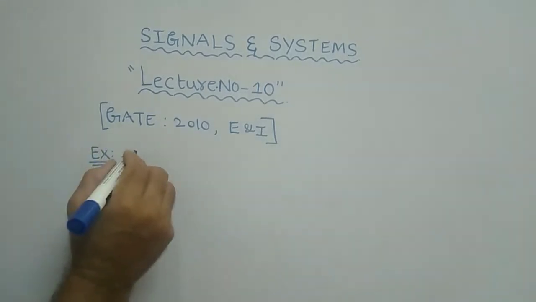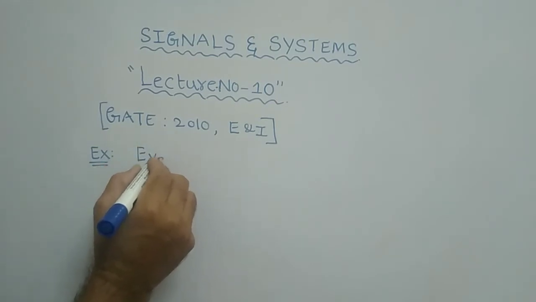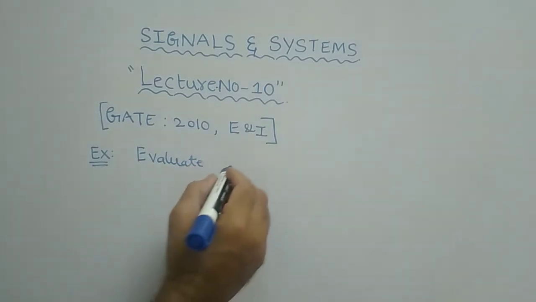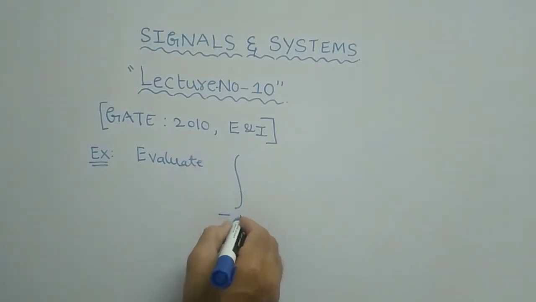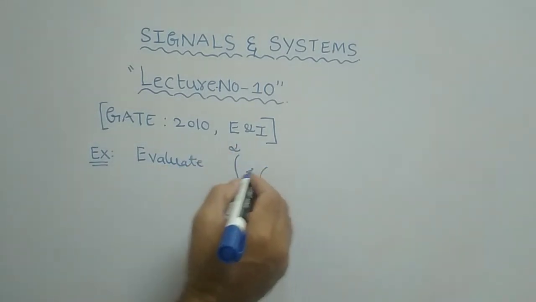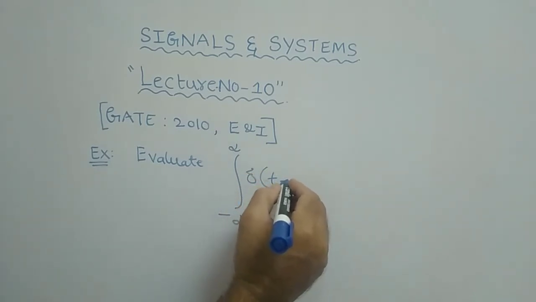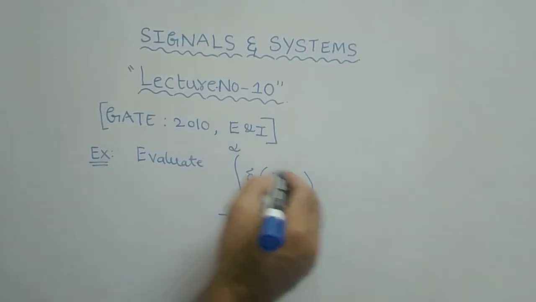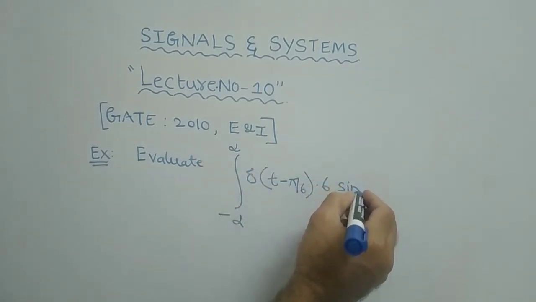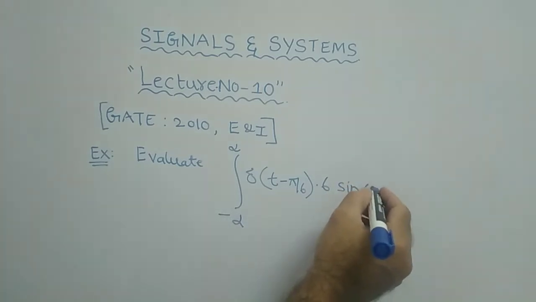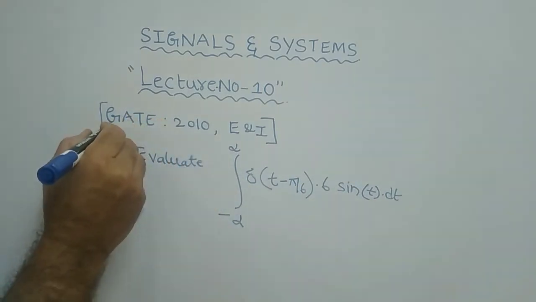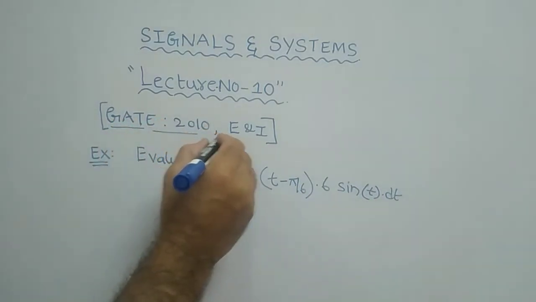Evaluate the following integral: minus infinity to plus infinity of delta of t minus pi by 6 into 6 times sine of t, dt. This was asked in GATE 2010 for E and I branch.